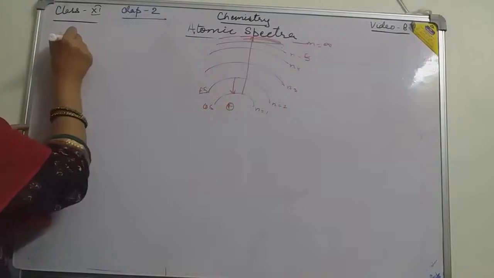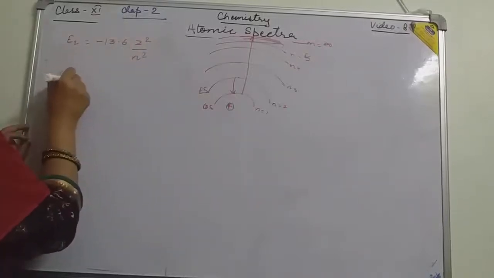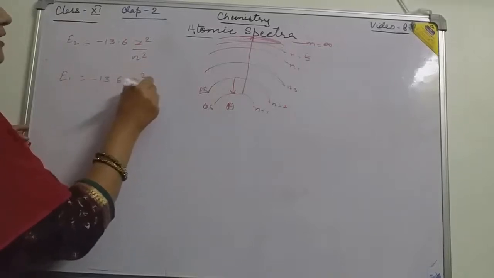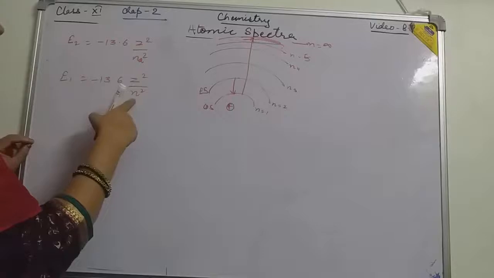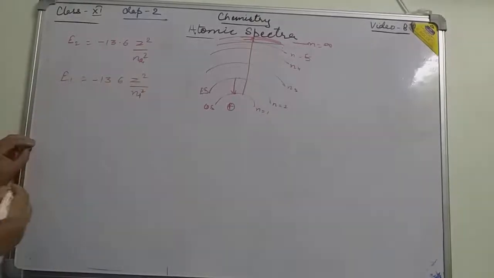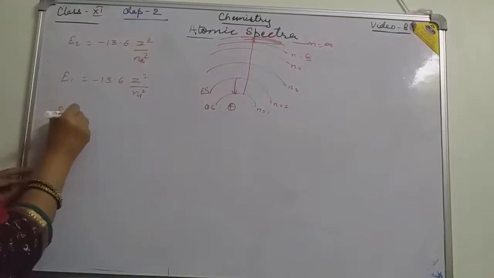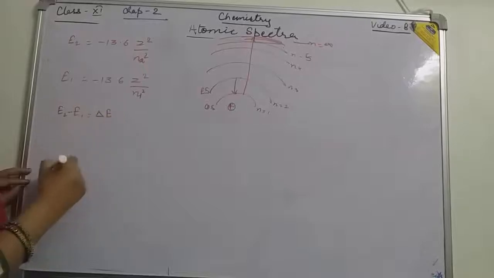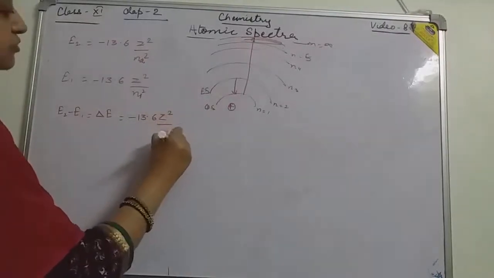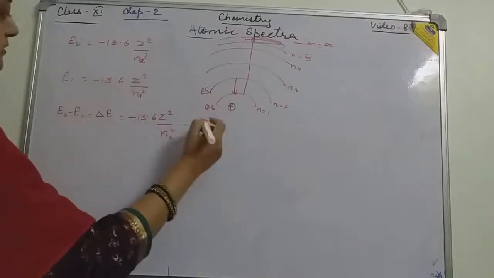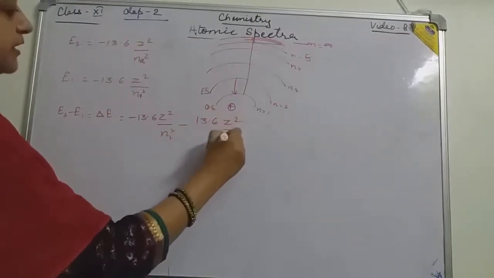So E2 equal to minus 13.6 Z square by n2 square, and E1 equal to minus 13.6 Z square by n1 square. So the difference in energy, E2 minus E1, is equal to delta E, which is equal to minus 13.6 Z square by n2 square minus, minus 13.6 Z square by n1 square.